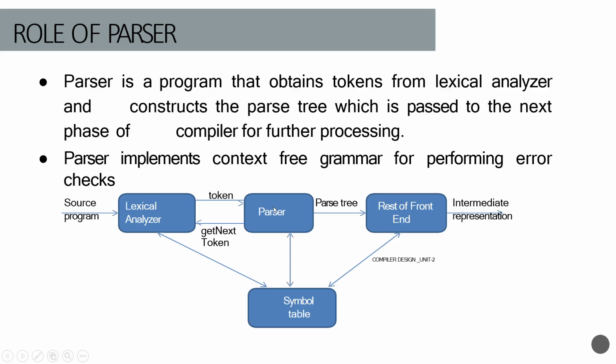The parser will construct the parse tree from the tokens. Whatever tokens we got from the lexical analyzer will be stored in the symbol table. The parse tree is given as input for the next phase, that is the semantic analyzer.